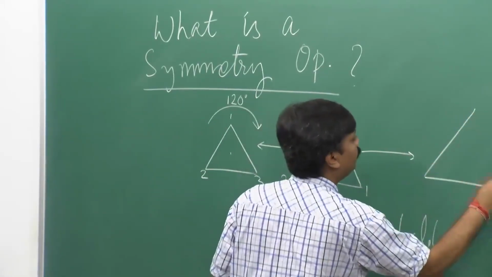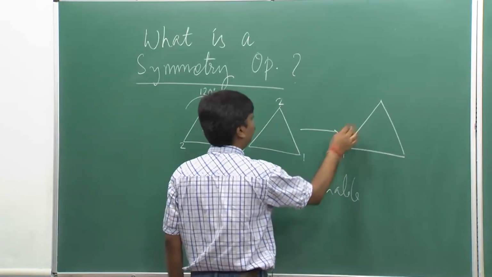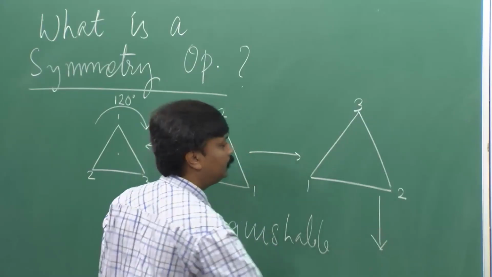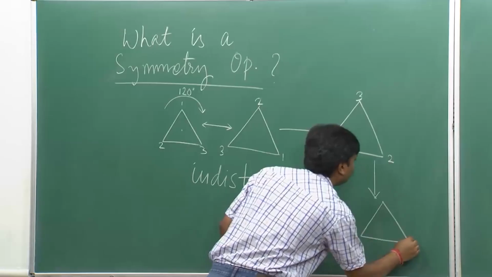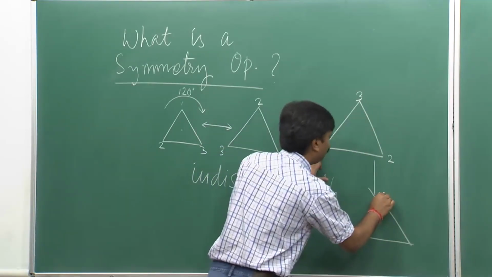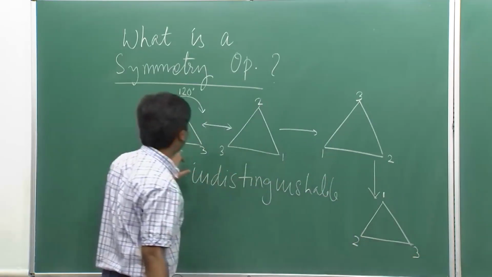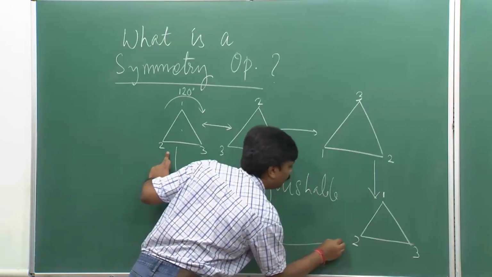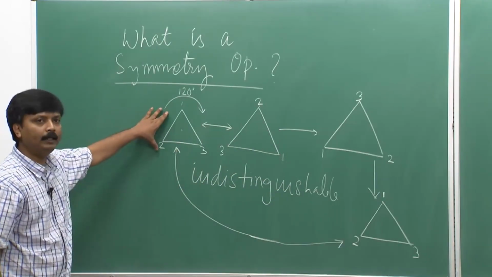So I have a configuration where 1 comes here, 3 goes here, 2 comes here, and another such rotation will give me a structure where 1 is going here, 2 comes here, 3 is here. Now look at this: the relation between this and this, they are identical.